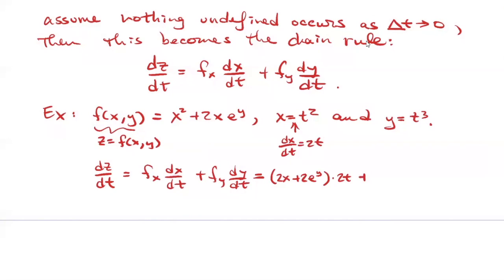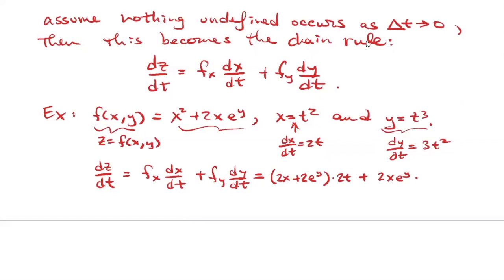And now plus fy, partial derivative with respect to y, going up here, looks to me like the x squared will go to 0. And the derivative of 2x e to the y would just be 2x e to the y. And then times dy over dt, and of course, dy over dt would be 3t squared.